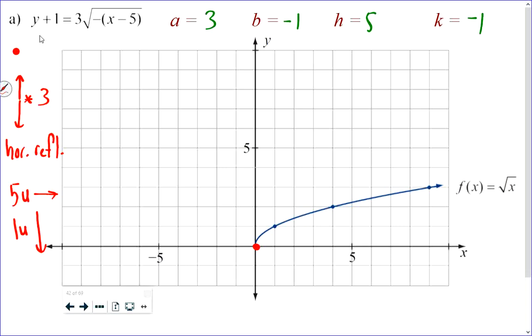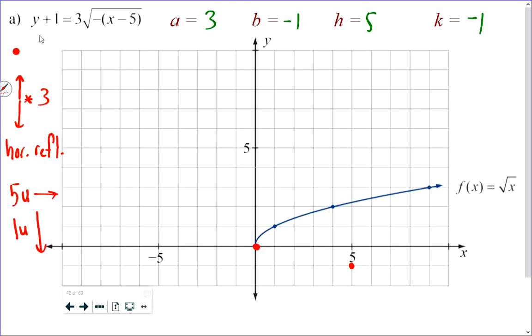Any horizontal or vertical stretch or reflection won't change it. And that means, regardless of what happens to this graph, it's going to end up shifting this point 5 to the right and 1 down. The vertex of this point has to be here. The vertex of the graph has to be there at the end of everything.